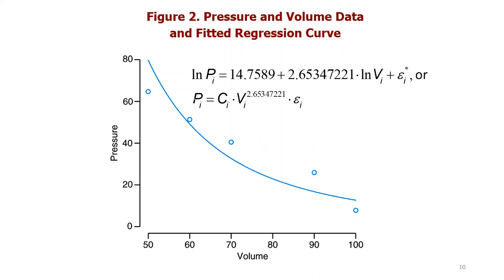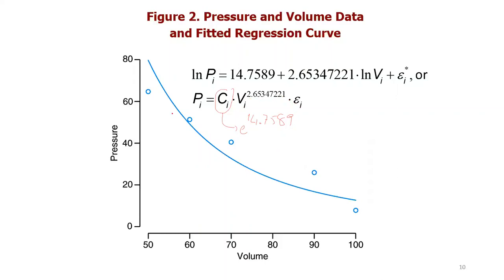Or Pi, the original one, is equal to Ci times, so what is Ci? Ci is e to the power 14.7589, right? So this is a large number, times Vi to the power of minus 2.6534 times epsilon i, okay?